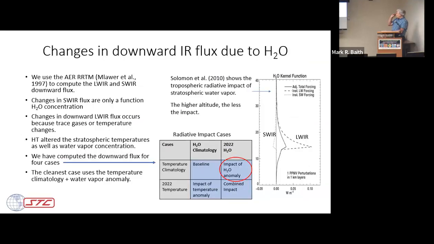Okay, so what about the IR flux due to water vapor? Again, we're going to use the AER RTM, Malwar et al. The SWIR flux changes are only a function of the water vapor concentration, the shortwave infrared fluxes. But the longwave fluxes also can change because of trace gases or temperature changes in the stratosphere.